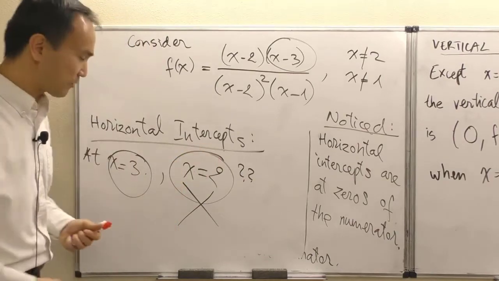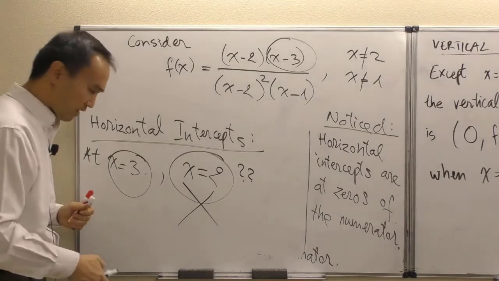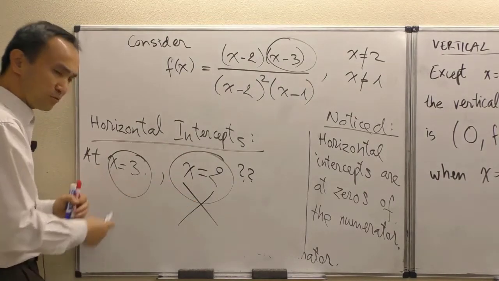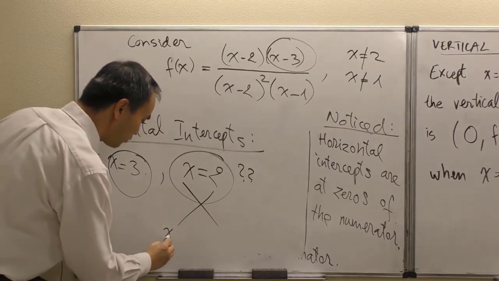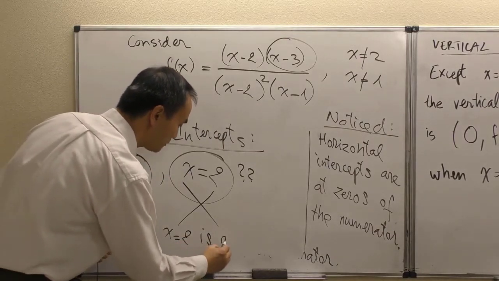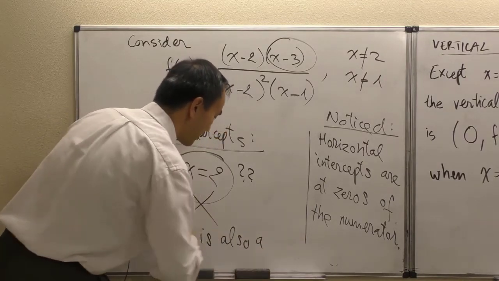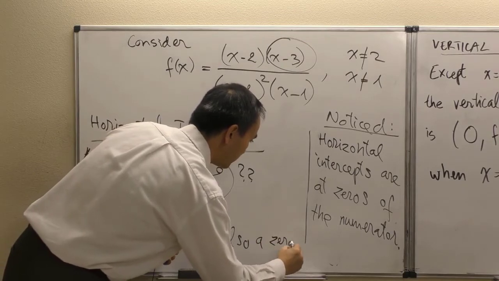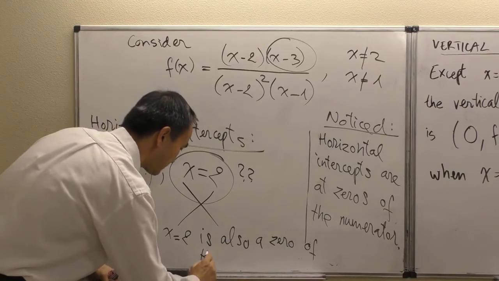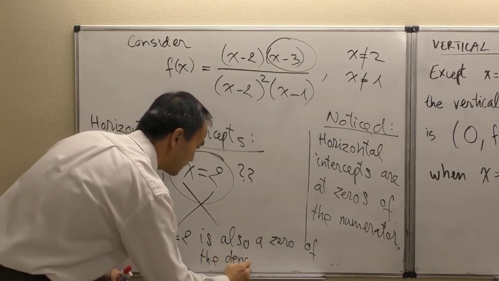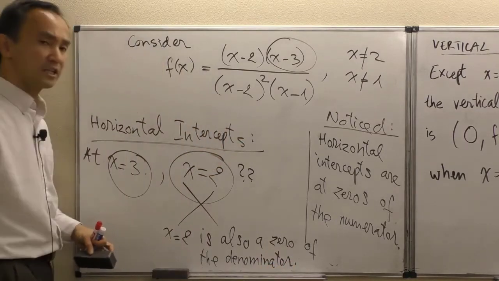So for the numerator, we found 2 zeros, but we just couldn't take this one. We only accept x equals 3. We took this out because x equals 2 is also a 0 of the denominator.